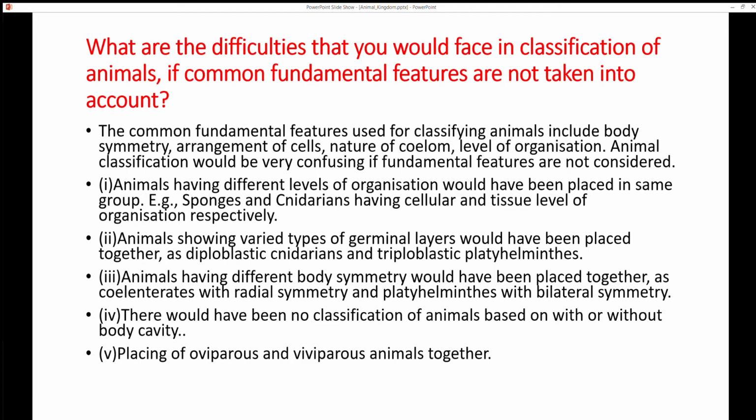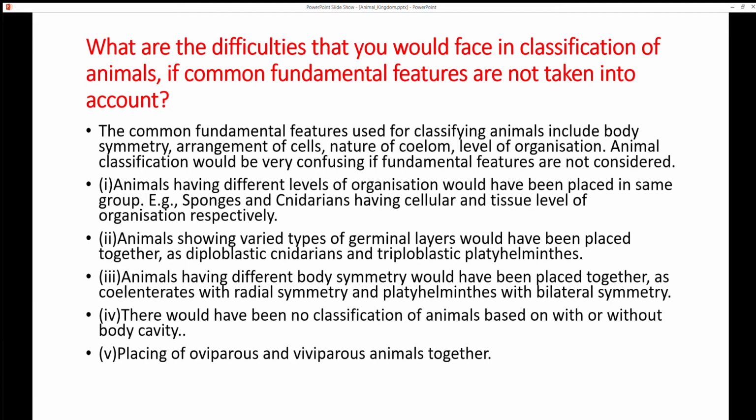what are the difficulties that you would face in classification of animals if common fundamental features are not taken into account? The common fundamental features used for classifying animals, as I have explained earlier in class, are symmetry, that is bilateral and radial symmetry.